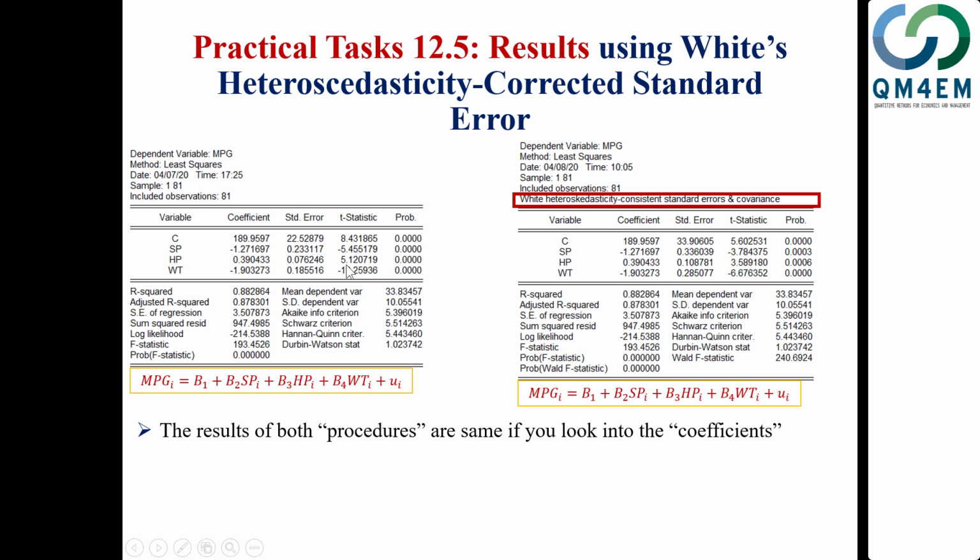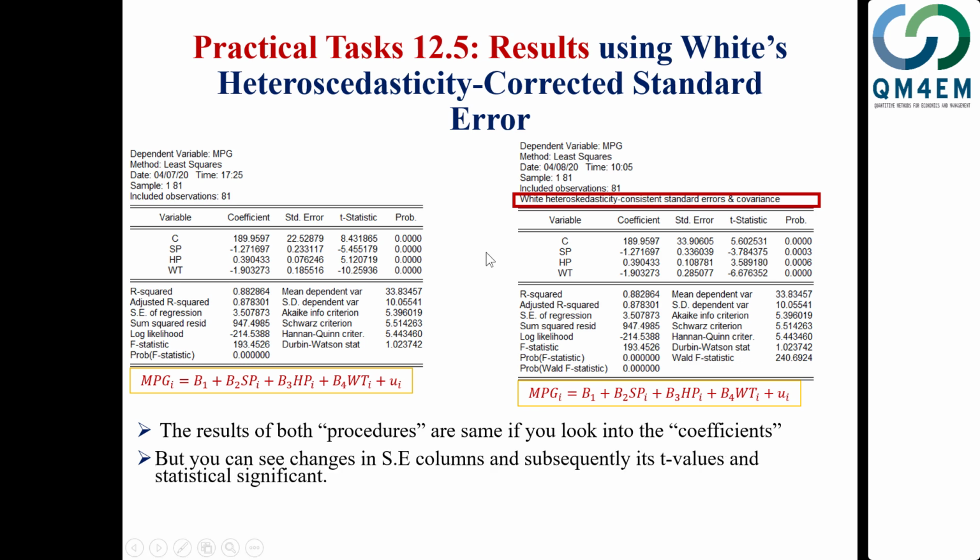Because the t-statistic is obtained by dividing the coefficient by the respective standard error, and when the standard error changes, the t-statistic changes, and when the t-statistic changes, the probability values change. These are now more trustworthy results, so we are going to trust these results instead of the original model.